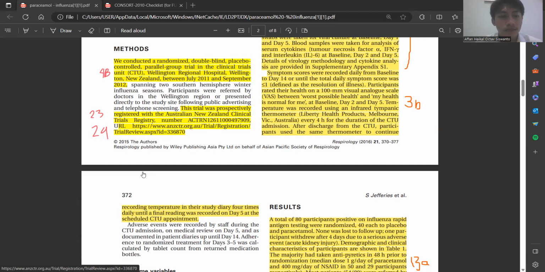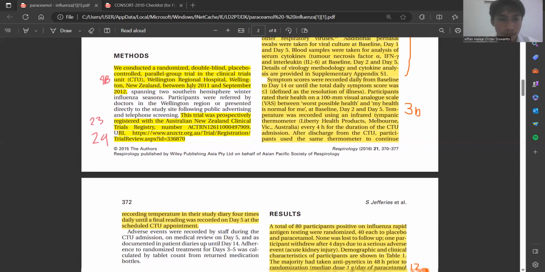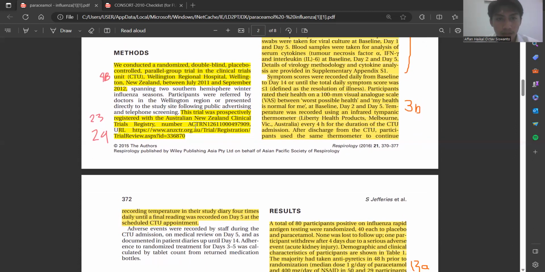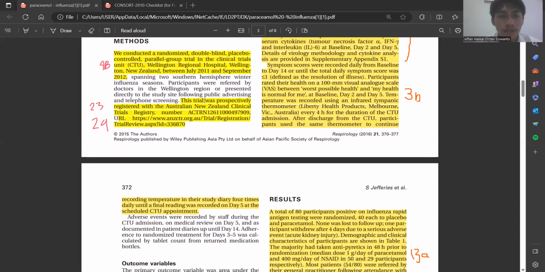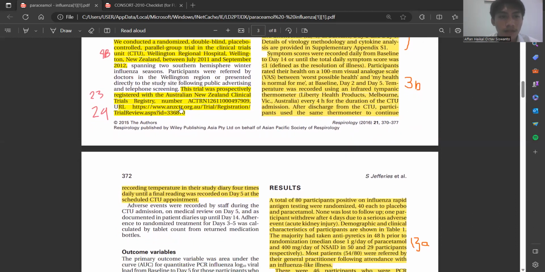And item 24 is where the full trial protocol can be accessed, if available. In the article it is mentioned this trial was prospectively registered with the Australian New Zealand Clinical Trials Registry. There is the number and the link we can access here.